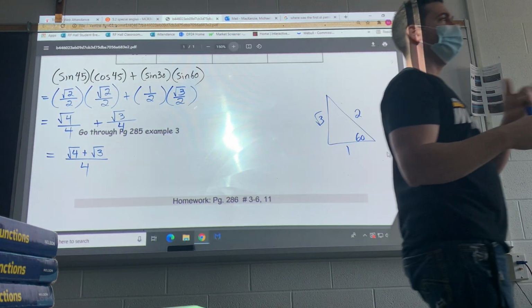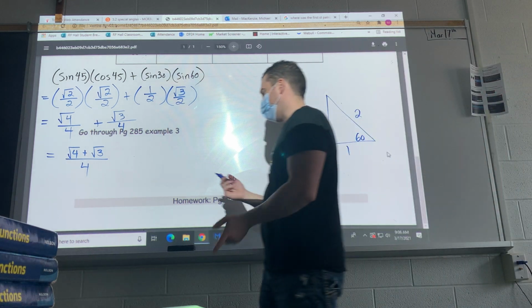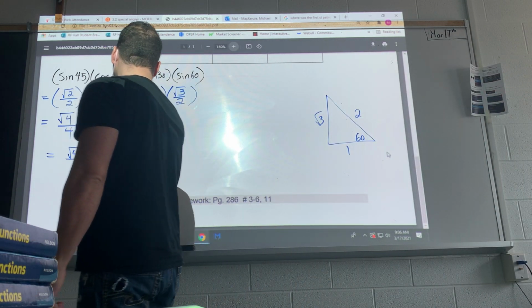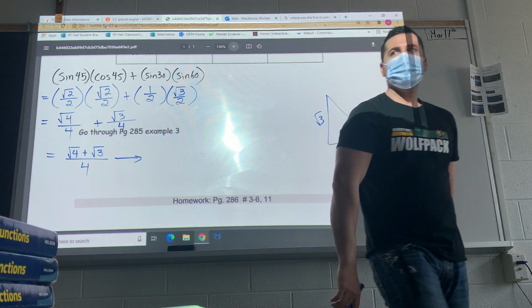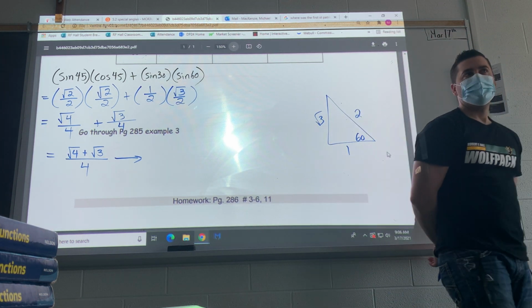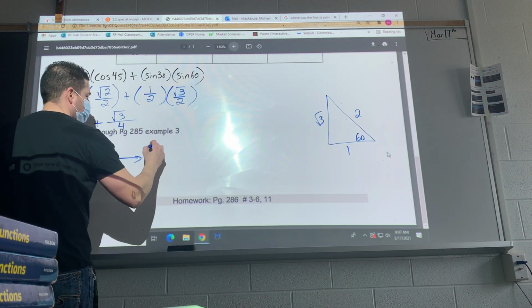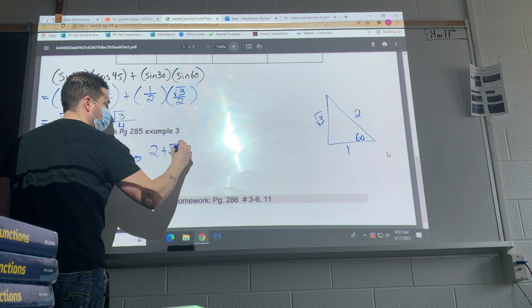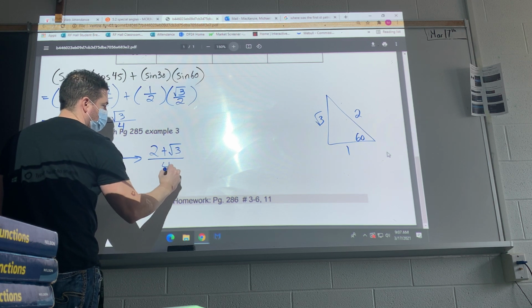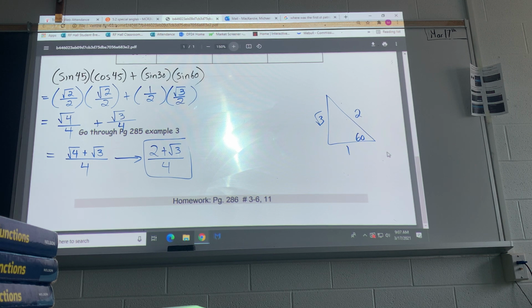One's a root 4, one's a root 3. We can't add them together. But we can do one more thing: change the root 4 to 2. Good, so square root of 4 is 2. So 2 plus root 3 over 4, and that is your final answer. There isn't anything else you could do.